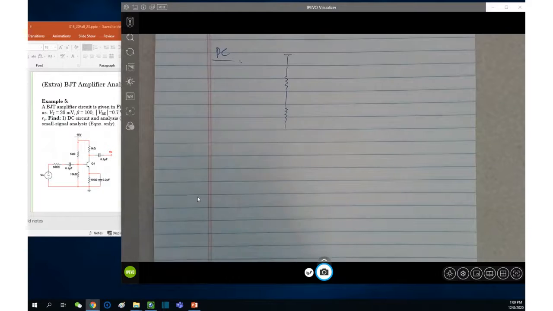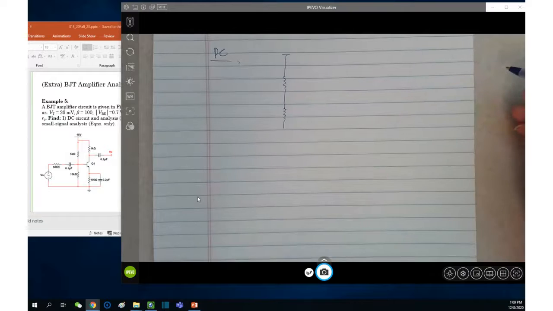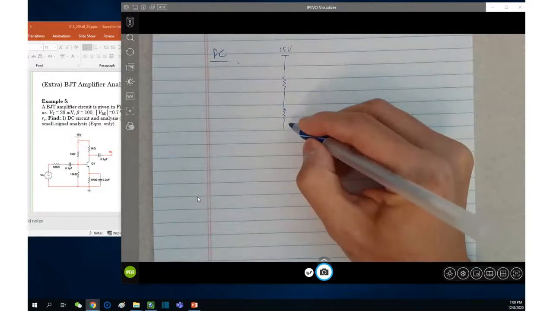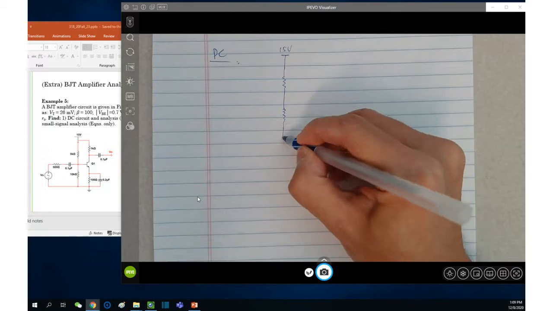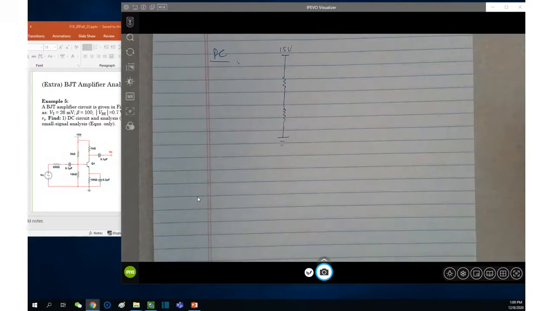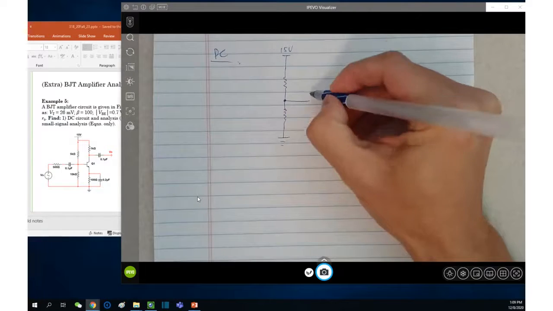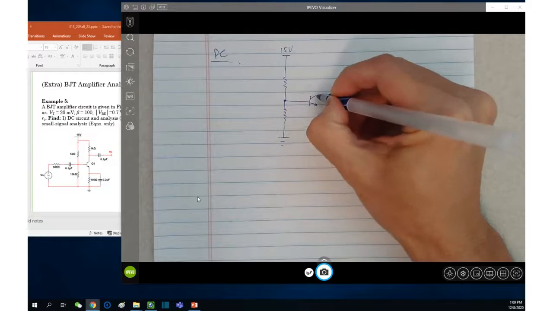I'm here presenting the DC circuit, which should be the easiest part. What we have here are 2 resistors, and in the middle we have IB coming out.